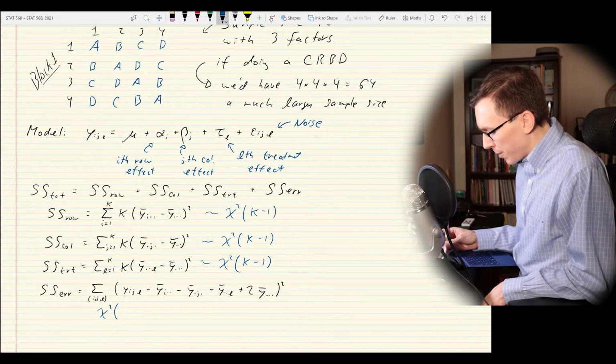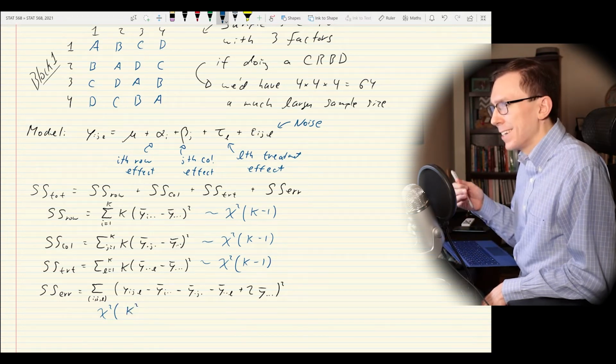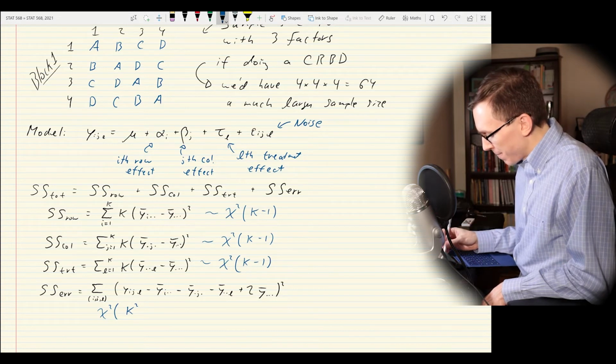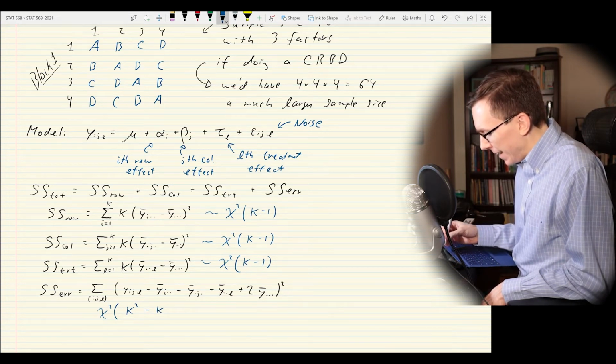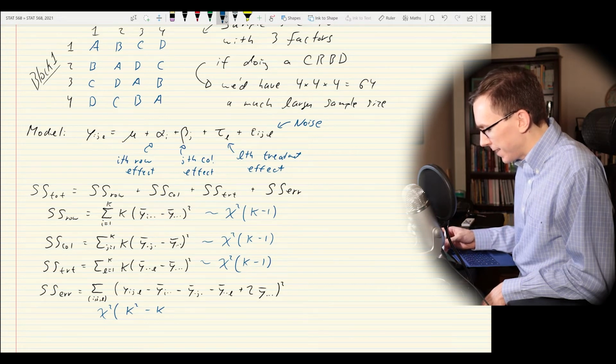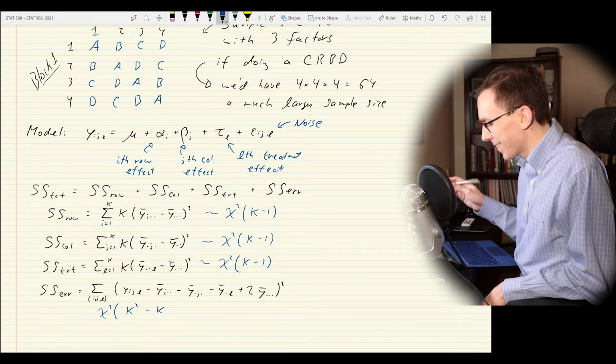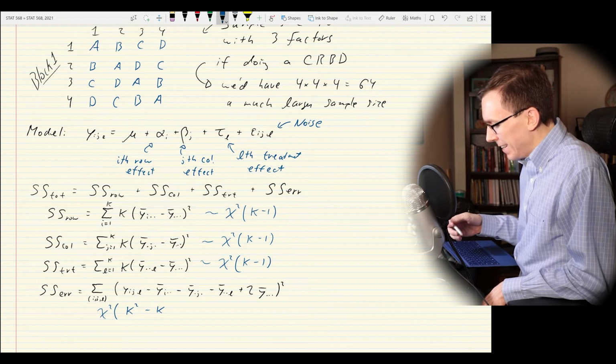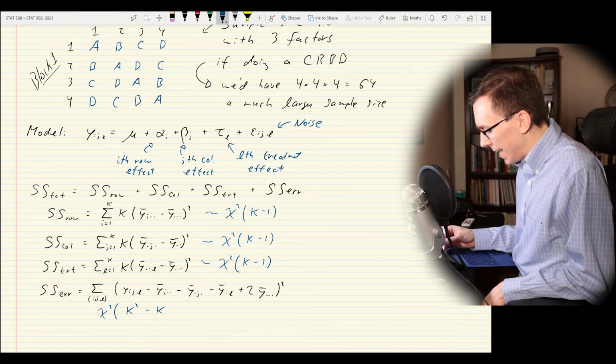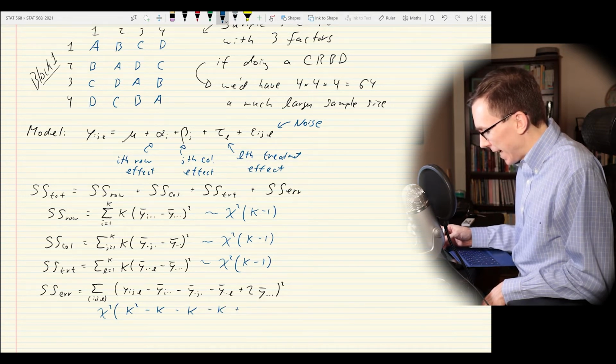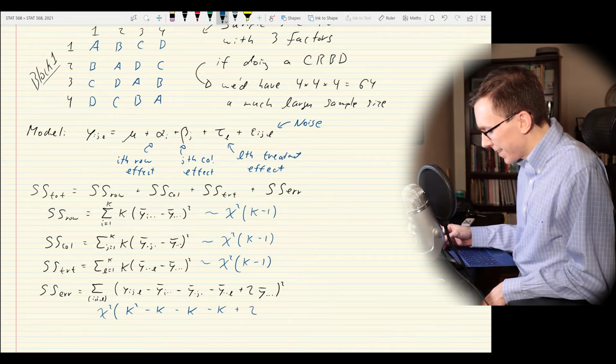So the first one we would have is k squared because we have k squared observations. Then we would have k category means for I, k category means for J, k category means for L, and then we can actually add a 2 on there at the end.